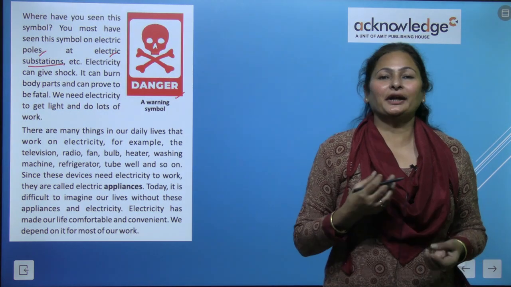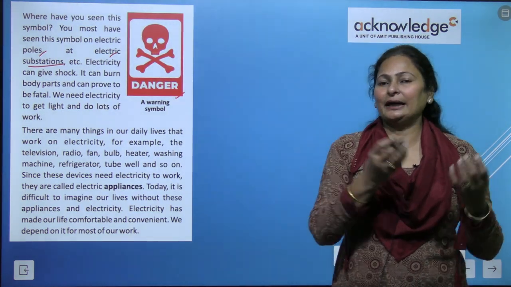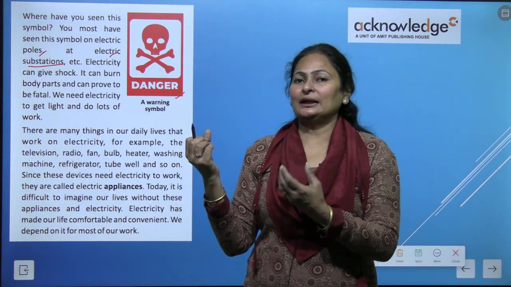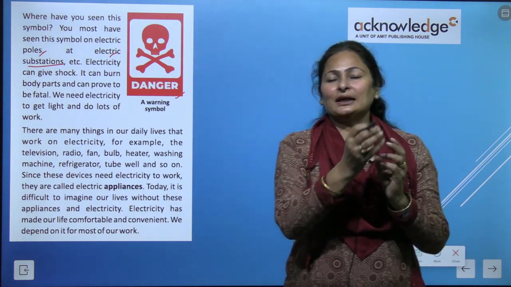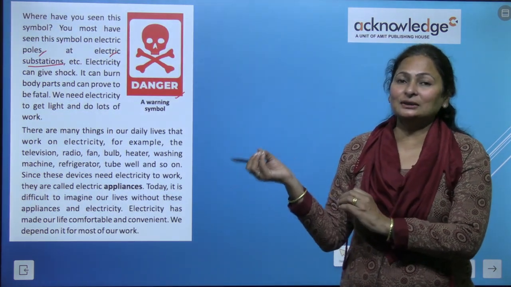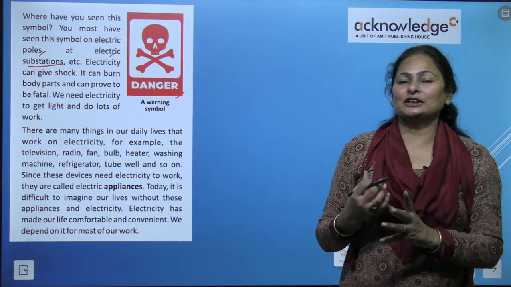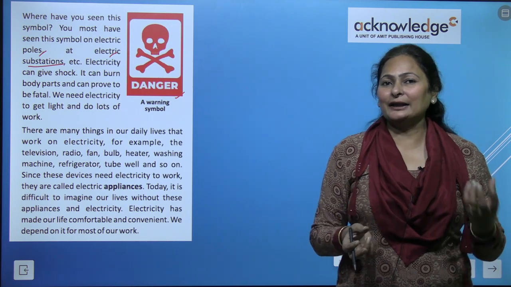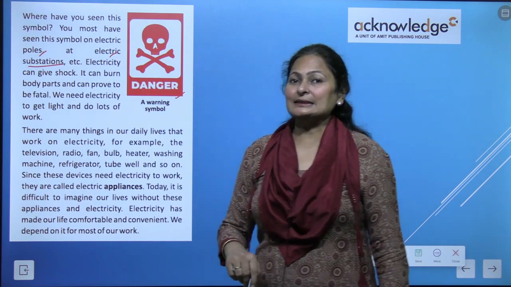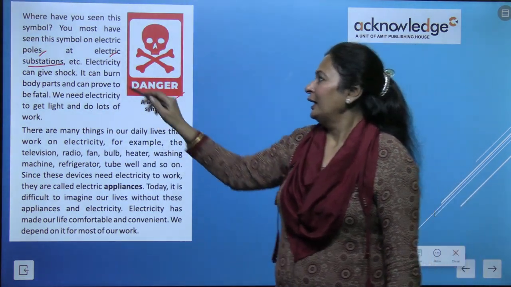Electricity is being generated in the power stations, then the power station is transmitting or sending this electricity to the substation, and from the substation it is being supplied to our homes and offices, right?